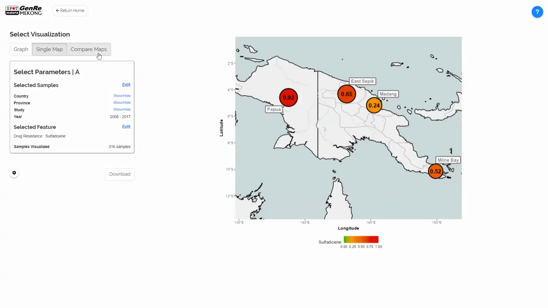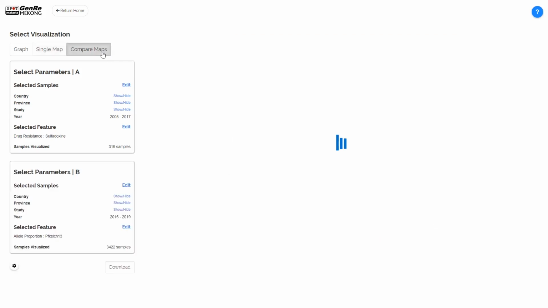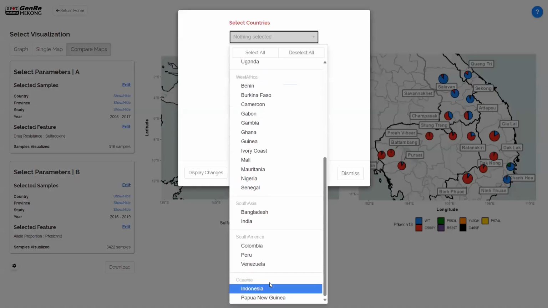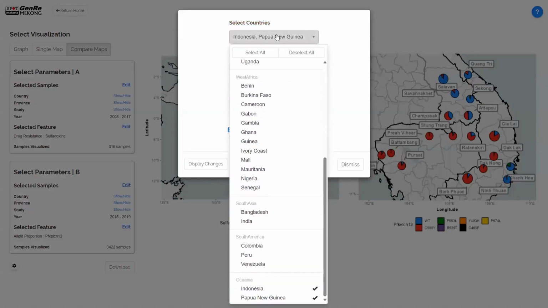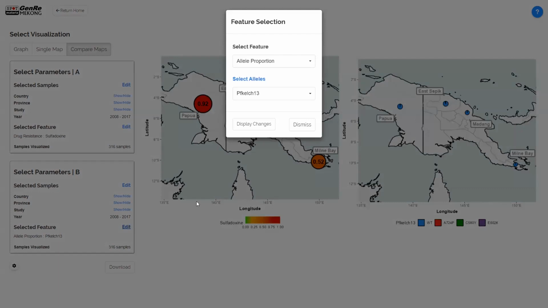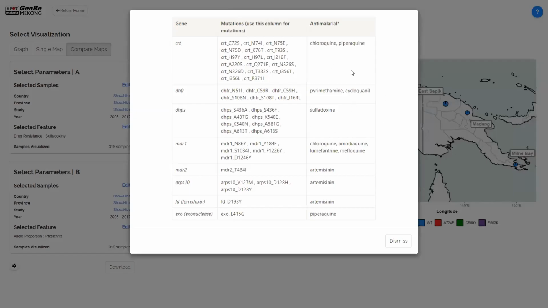Now, say I would like to know what mutation gives rise to the resistance I'm seeing here. What I could do is I could go to compare maps. Then I could select Indonesia and Papua New Guinea for the comparator map. And if I'm not sure what mutation is associated with sulfadoxine resistance, I can click on this link to bring up the table, and sulfadoxine is right here.